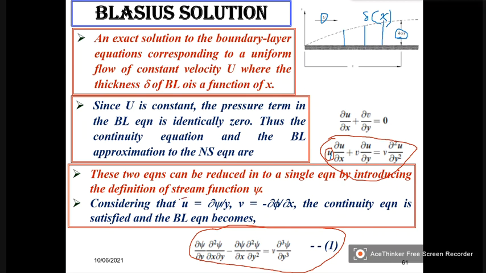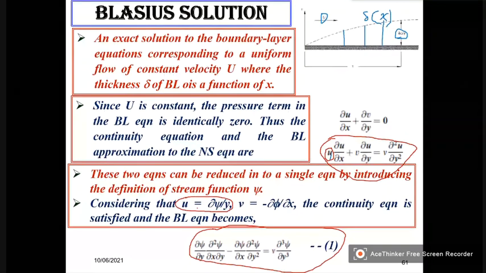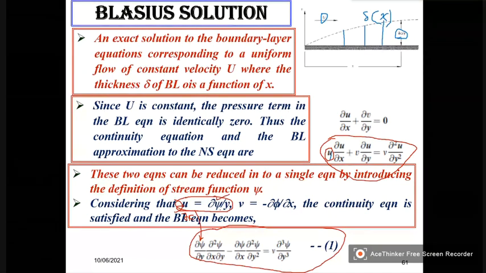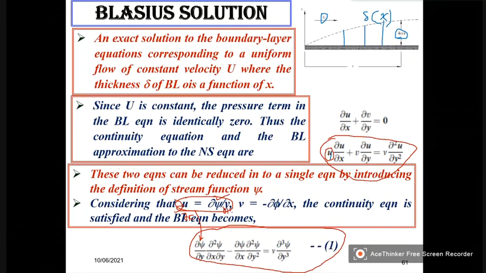This is u, so this is as it is written. Then you have dou u by dou x, which will become dou squared psi by dou x dou y.